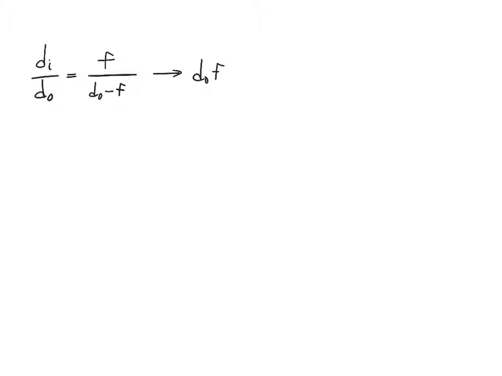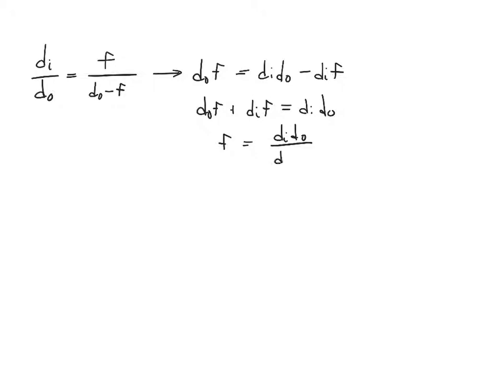And if I go through the motions here, all right, so let's see, I'm going to get focal length together on one side. And so that means if I pull focal length out, I get d_o d_i per d_o plus d_i, whatever you want to call that.